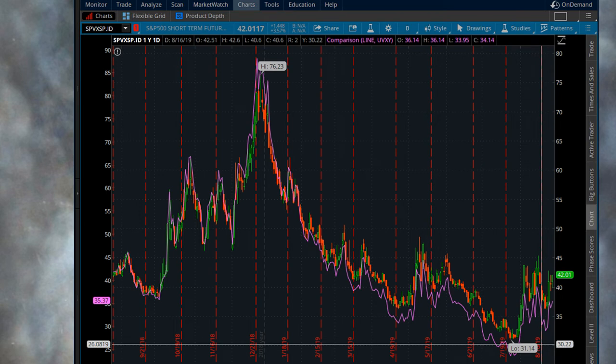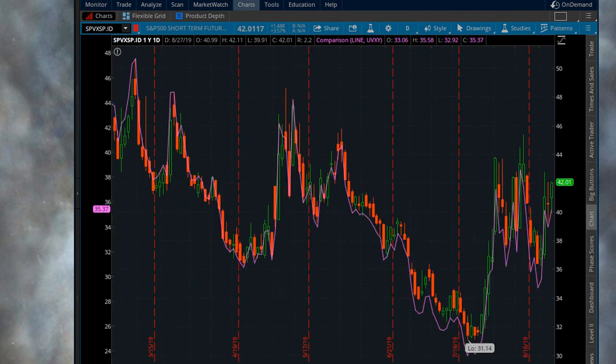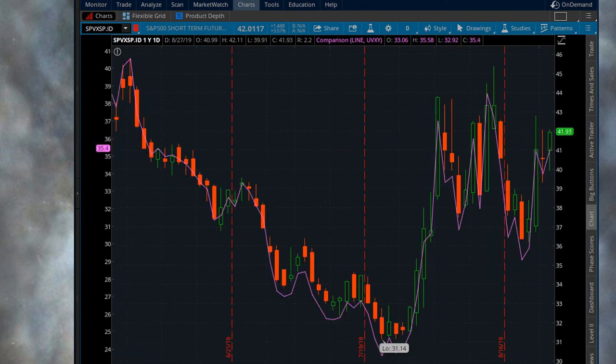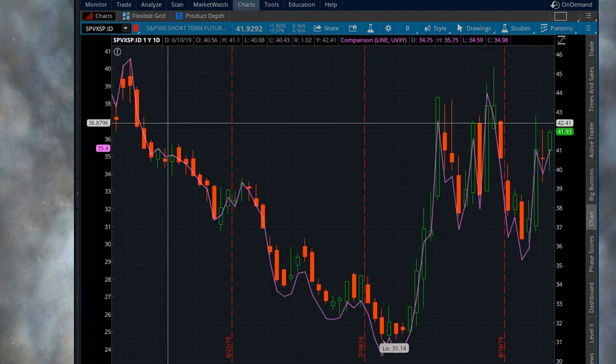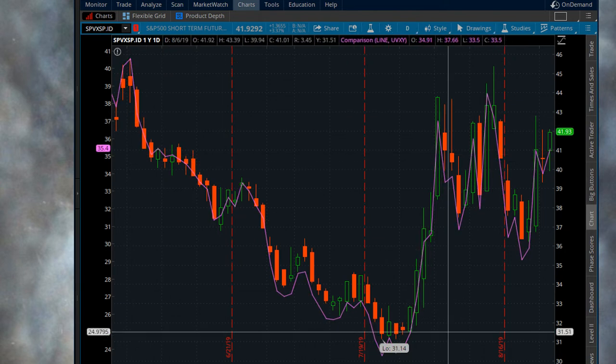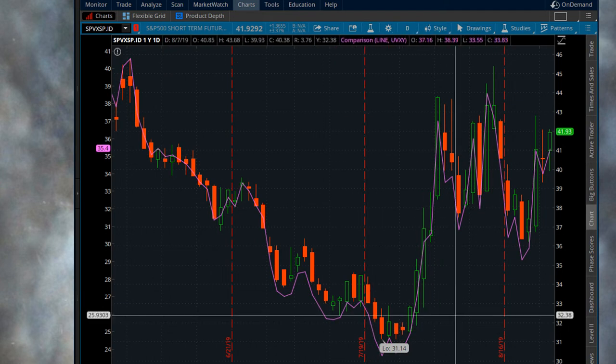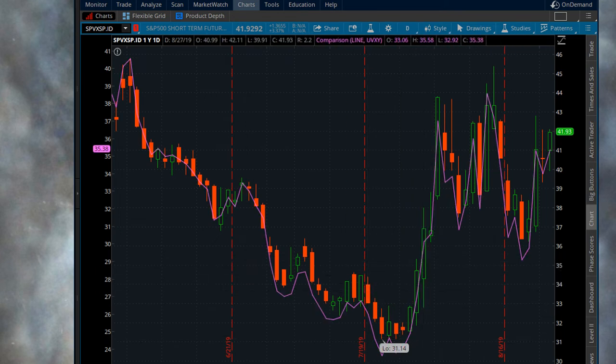This is a year chart. If we close up a little bit, it's going to kind of center them together as we close in. It's going to pull it up towards SPVXSP just because this charting software is going to try to match them very closely to each other.